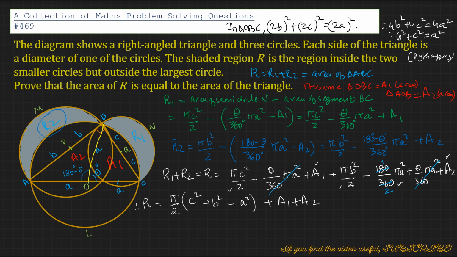Now you see c square plus b square, we have already done it, is a square. C square plus b square is a square, we've got it from over here.